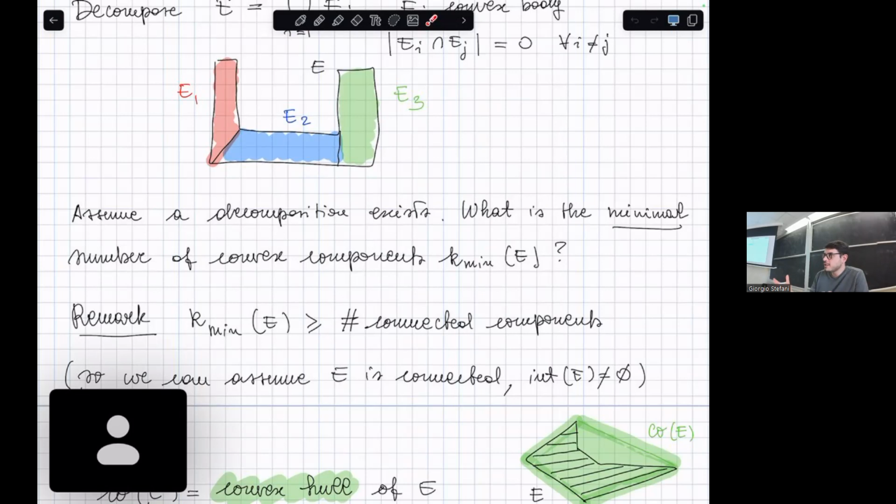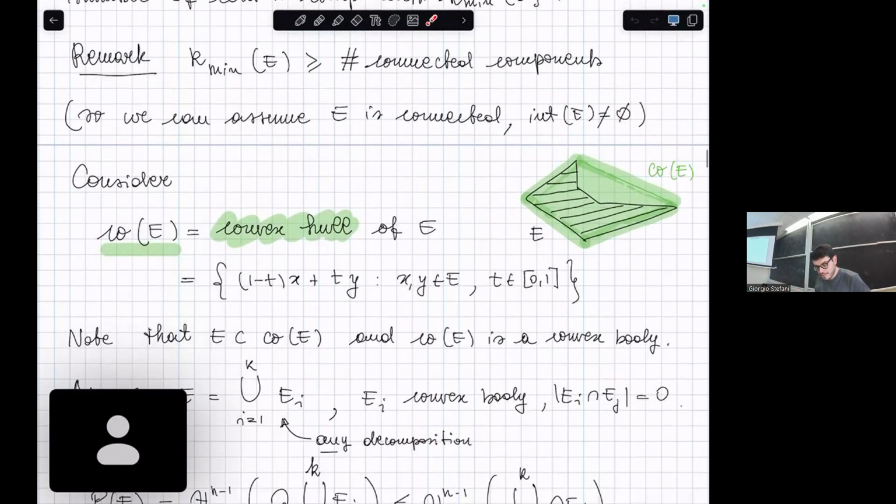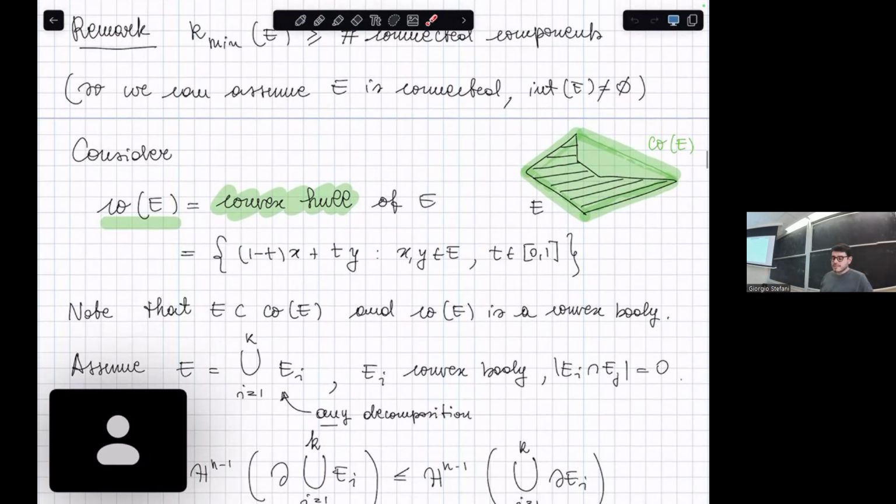So for simplicity, one can assume that I'm given a potato which is not convex, compact set, but which is connected at least. And say with the non-empty interior, say it is not degenerate. Now, convex hull. So what I will use below will be the convex hull of my non-convex potato. What is a convex hull?